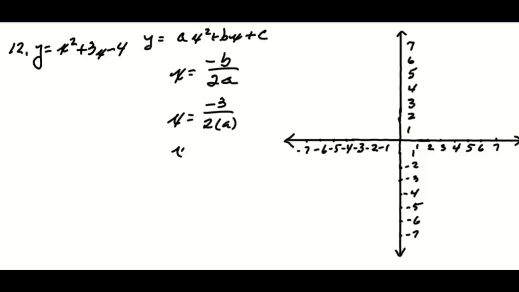When we do that, what we get is negative, and I'm sorry, 2 times 1. That a should be a 1, because that's -3 over 2, or -1 and 1/2.